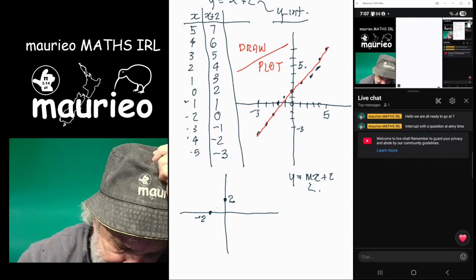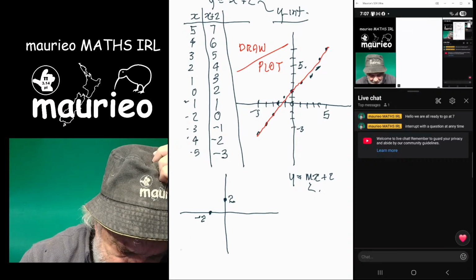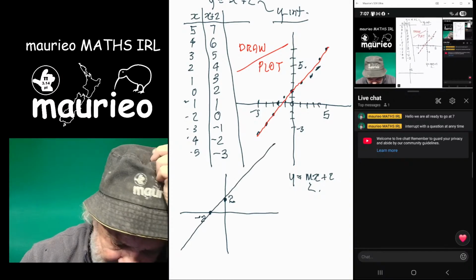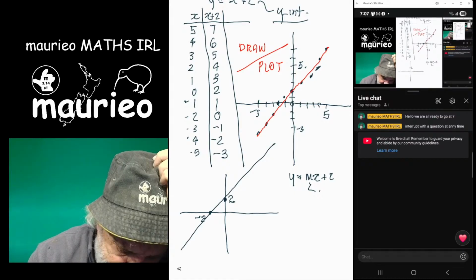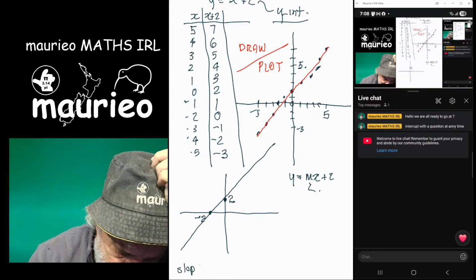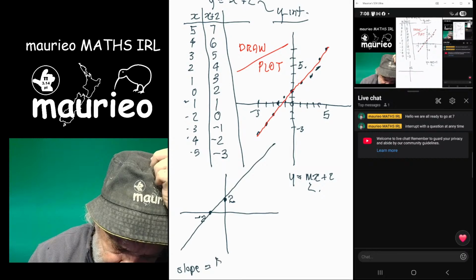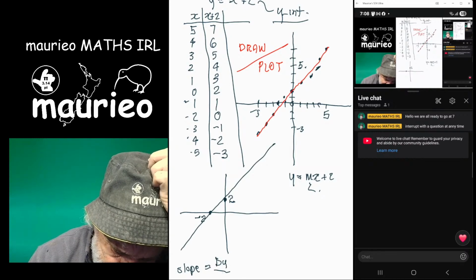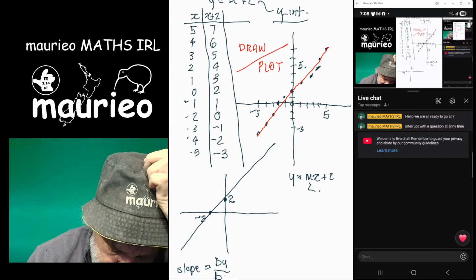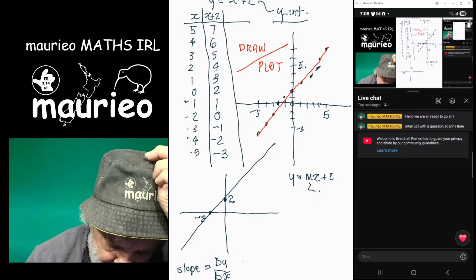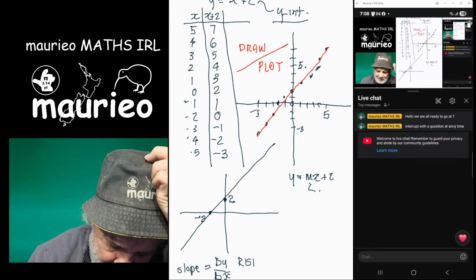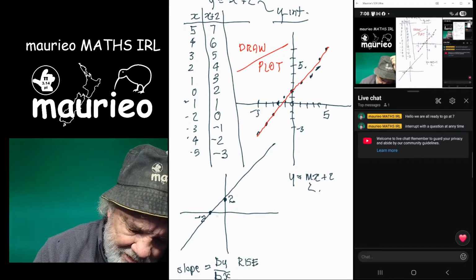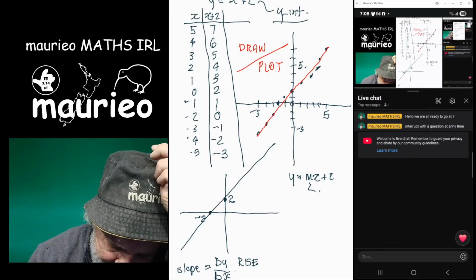So the other points that we can determine, because remember slope, well, positive slope equals delta y over delta x. Now delta y is the rise, that's how much it's going up, and delta x is what we call the run.